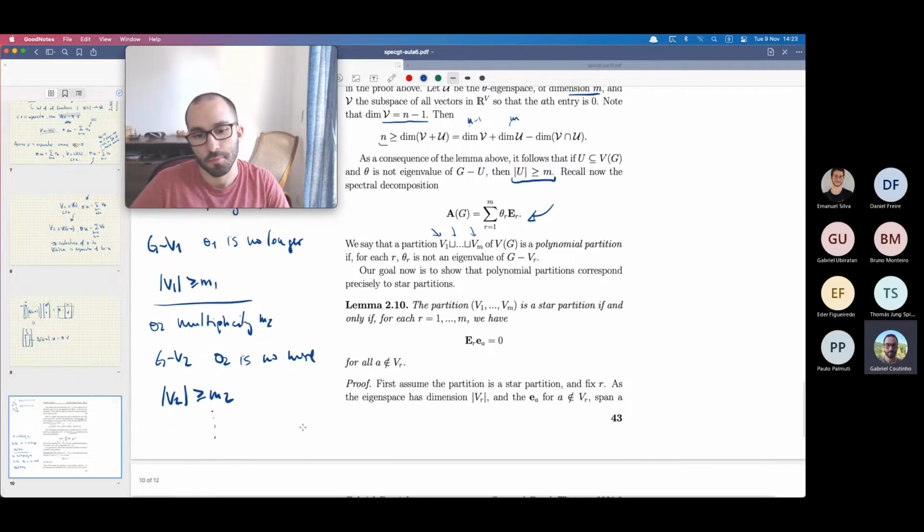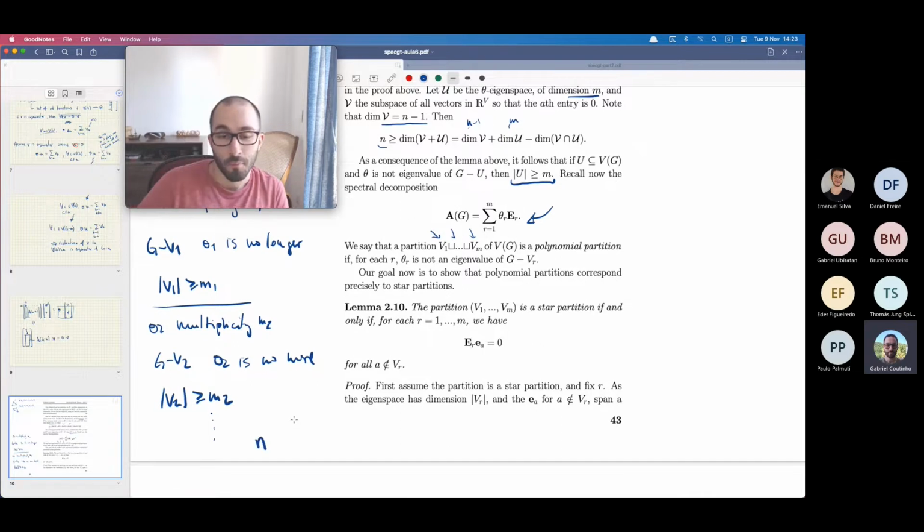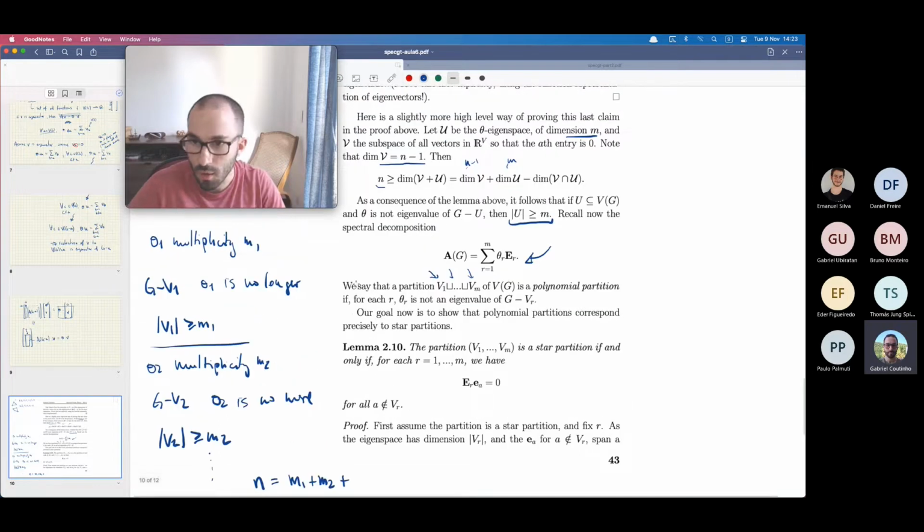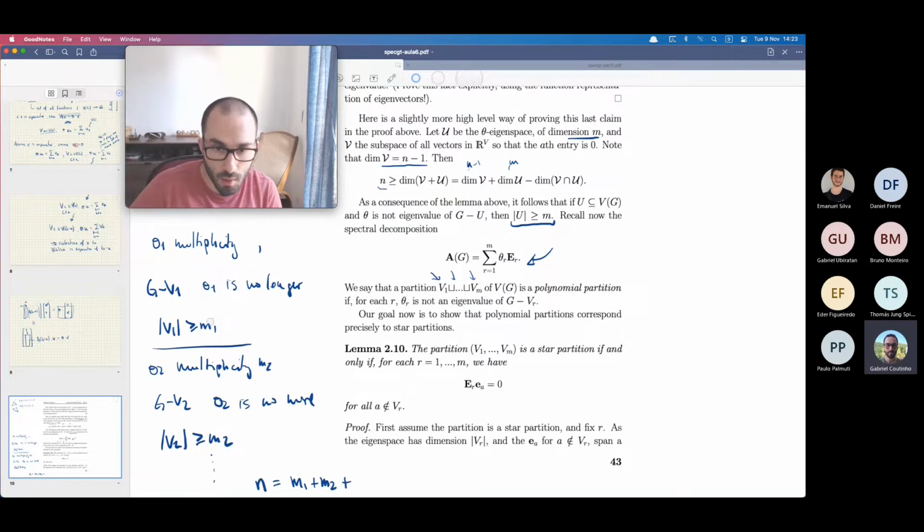Now, n, the number of vertices, is equal to the sum of the multiplicities. Oh, I'm using M twice. Oh no, I didn't want to do that. Let me replace this by, I don't know, K: K1, K2, dot, dot, dot, Km.